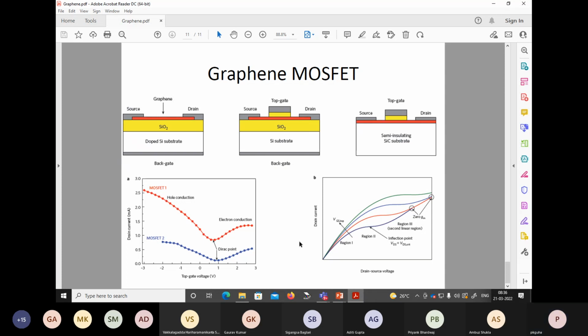Now here also in graphene, the working principle is the same as that of CNT FET. Here also you will get both p-type and n-type conduction from this FET structure.